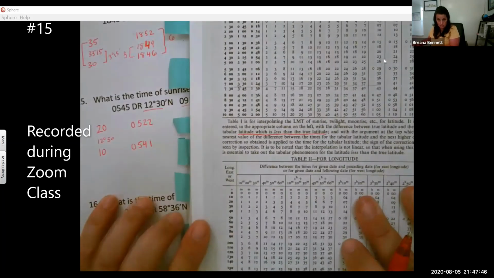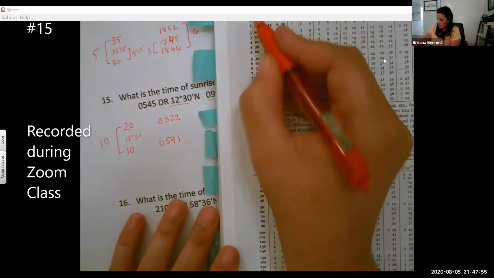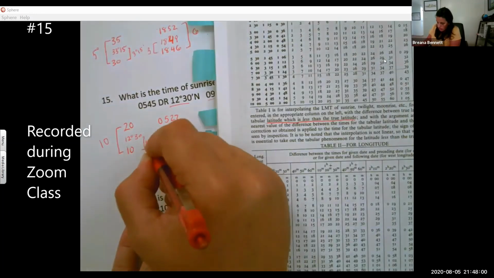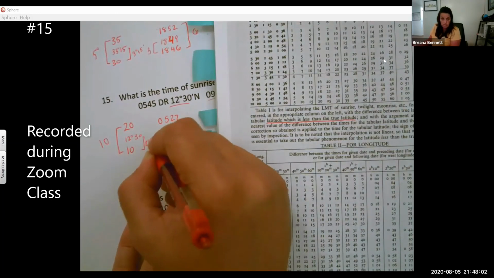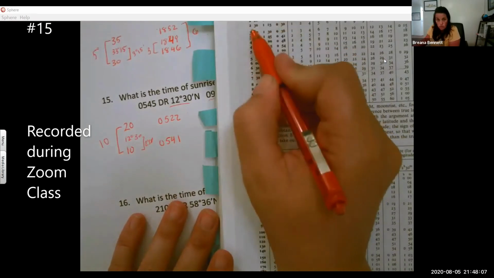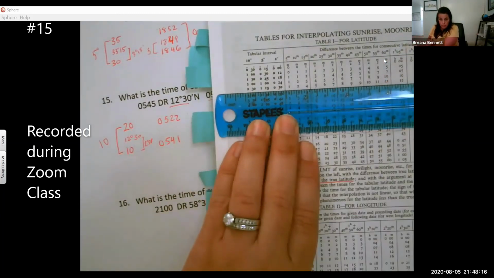Look at me going back and forth here. On my tabular interval, that would be this one, it's now 10. My interval is actually going to be 2 degrees 30 minutes. So I go in here at 2:30. Tabular interval. So I'm going to be on this line.